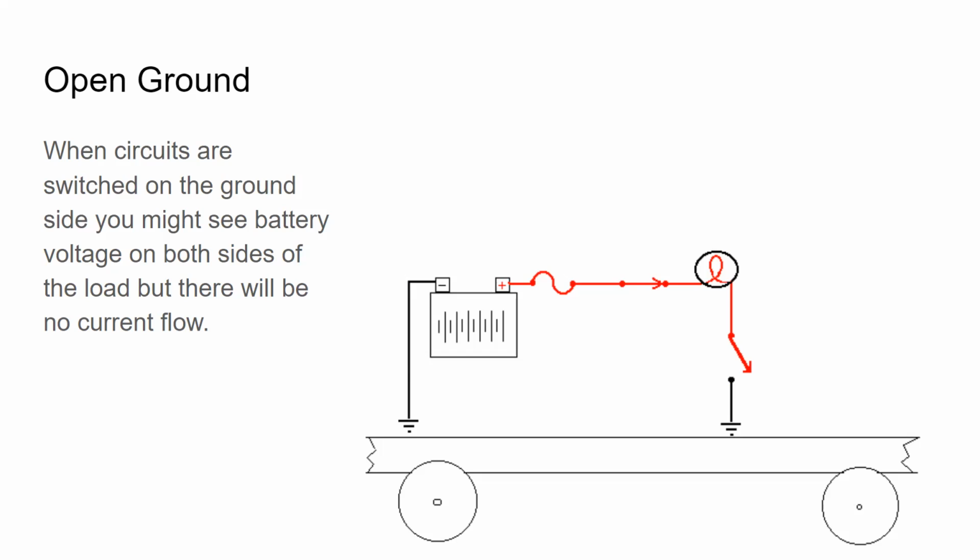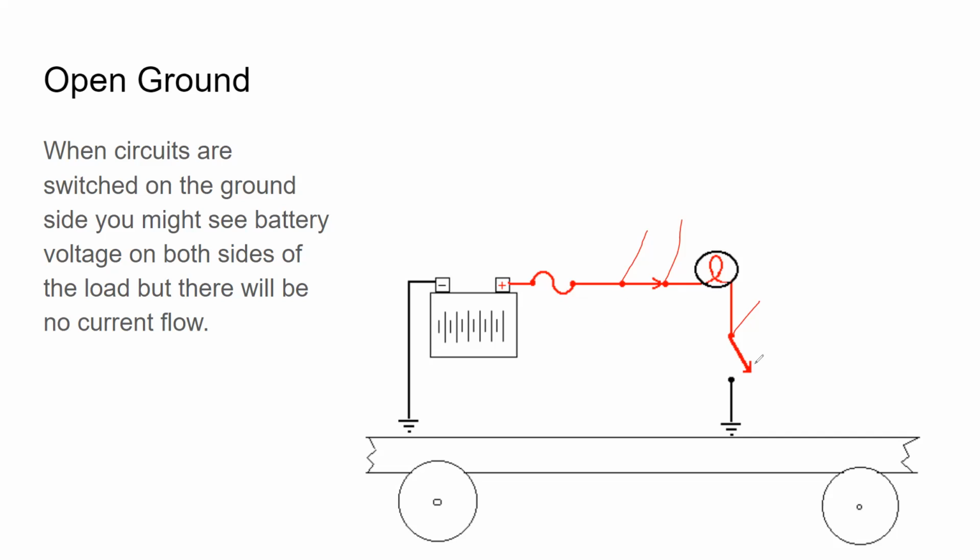Now, if we were to take our voltmeter and check it anywhere here, here, or here, compared to anywhere on the negative or ground path of the frame, then we would have 12 volts.